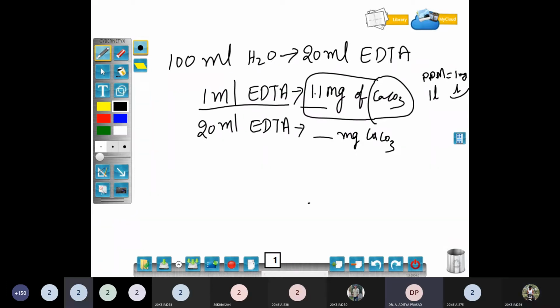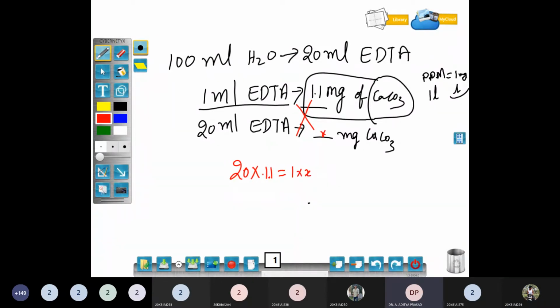Do the cross multiplication. What do you get? 20 into 1.1 is equal to 1 into x.